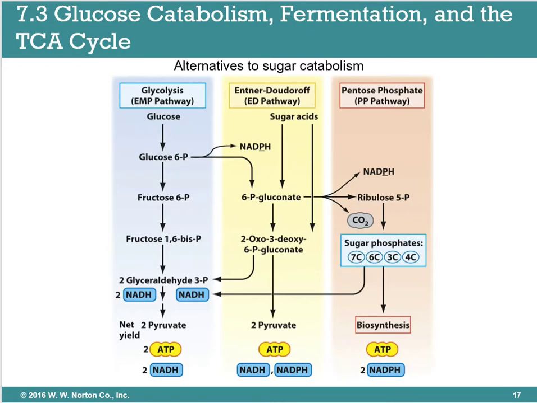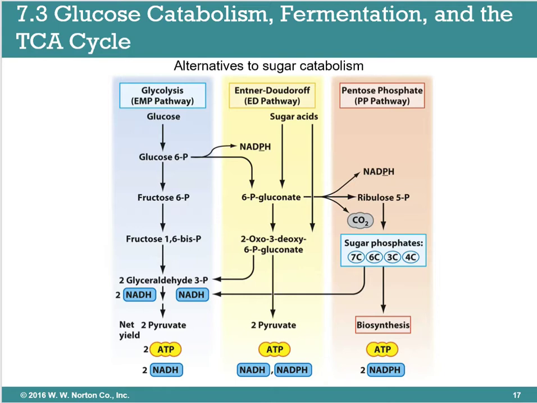Okay, so there are alternatives if a bacterium can't do glycolysis. There are two additional pathways, called the ED pathway and the other pathway. Depending on what happens in this first step from the glucose, depending on if it will actually go through the entire glycolysis process, will determine what is specifically yielded.